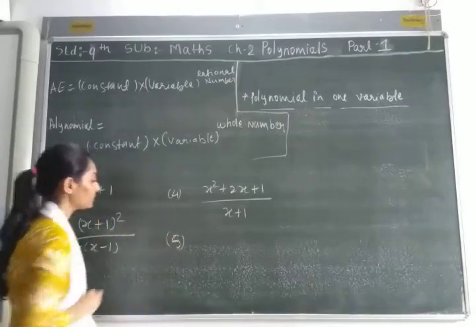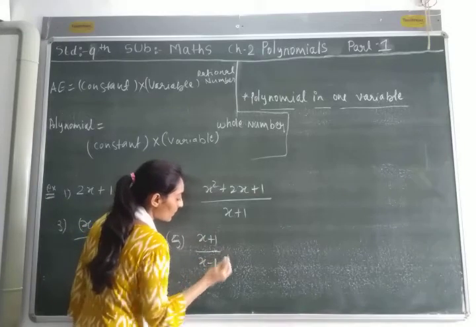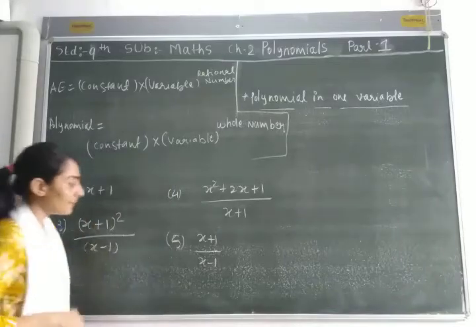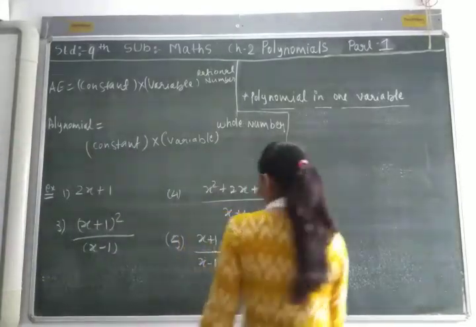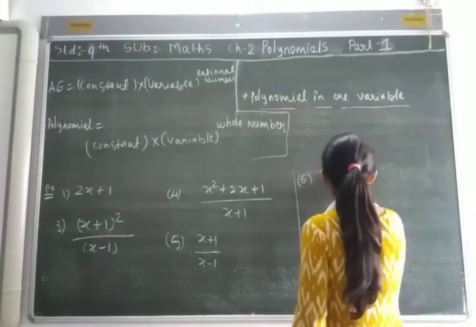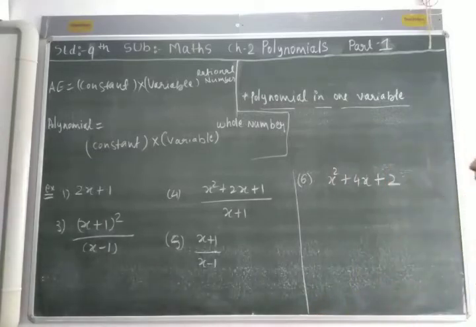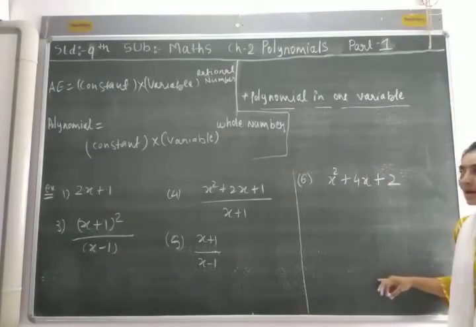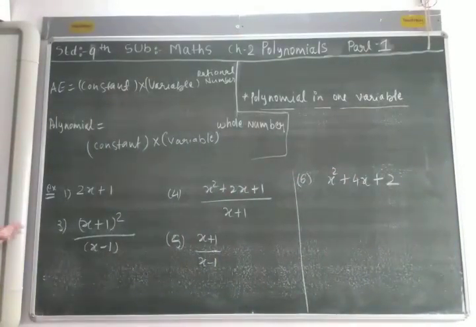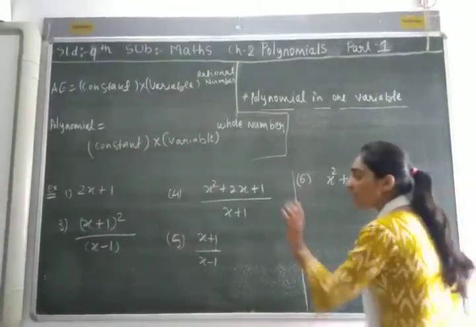The fifth one, I'm taking (x plus 1) divided by (x minus 1). The sixth one, x square plus 4x plus 2. Okay, look at these examples. So we have to identify which example is a polynomial.